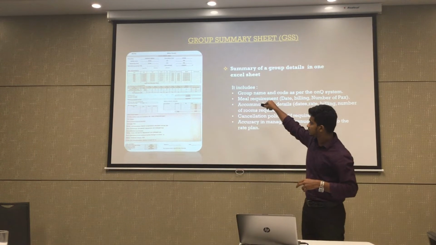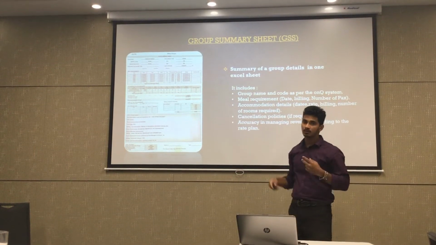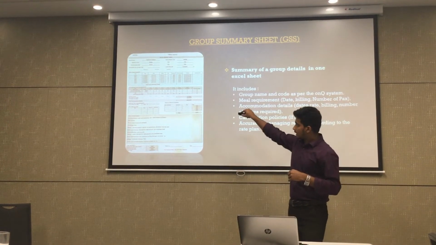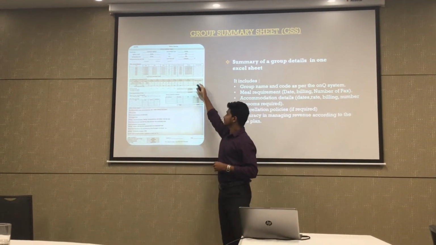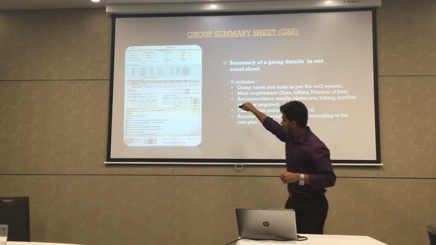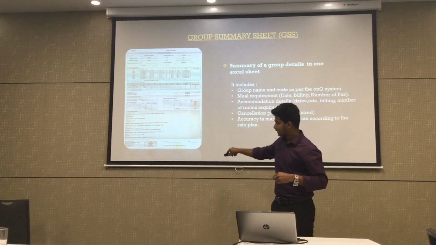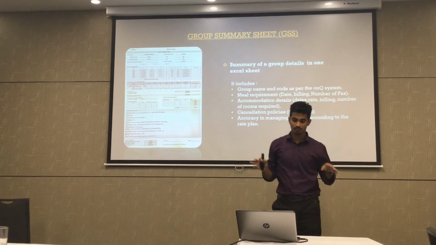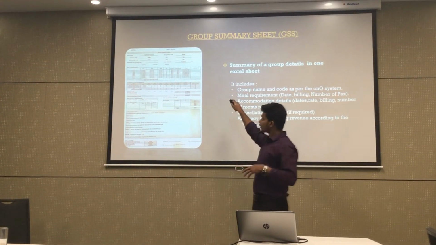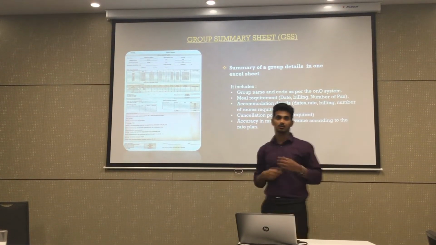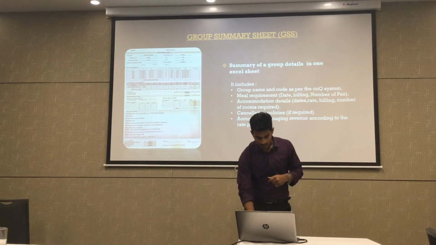And in this section, that will be the meal requirement, the requirements of the guest. And the third part over there, that will be the accommodation requirement. And all the other details will be here. So as I said, the group summary sheet literally means the summary of the group. It will say everything according to the contract with the guest.